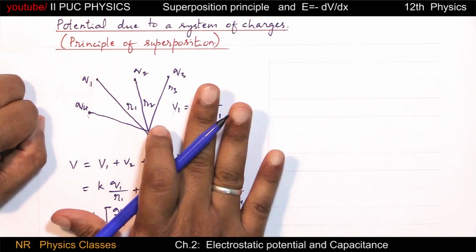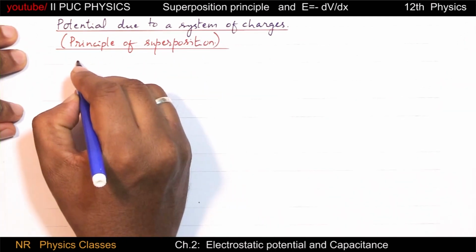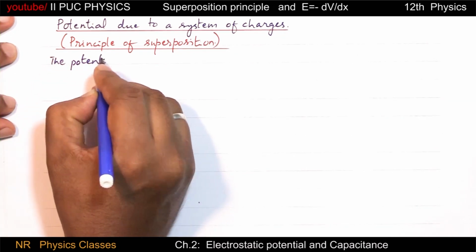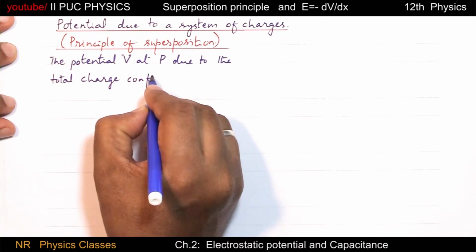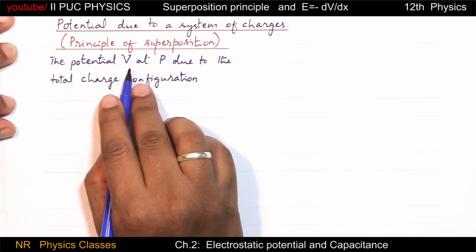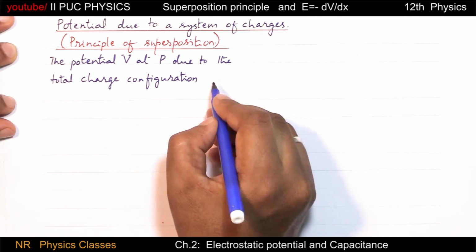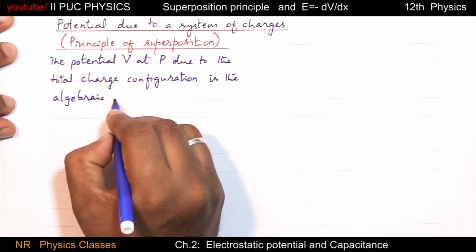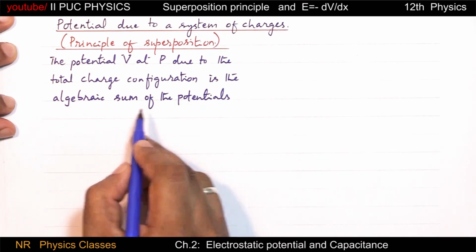So this is the whole idea. The principle of superposition says the potential at P due to the total charge configuration is the algebraic sum.